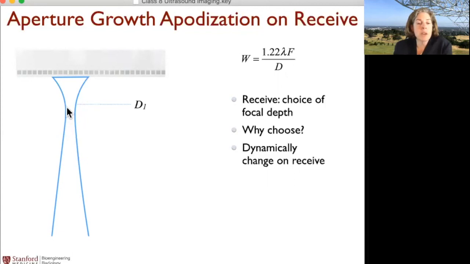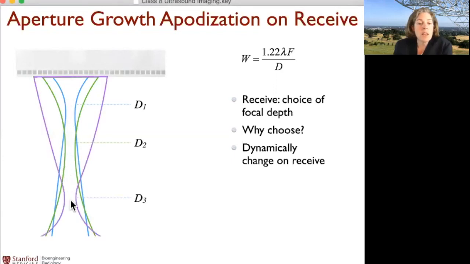Echoes are going to come back from a little bit further away, so you listen to the elements across a larger aperture, so that for those echoes coming from further away you get a thinner beam, essentially, and so on. For the latest echoes that come back, you have the largest aperture that you're listening to, you phase them appropriately, and you get a nicer beam in the far field. So that's really a neat trick.